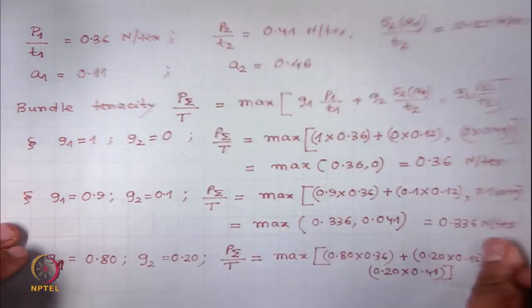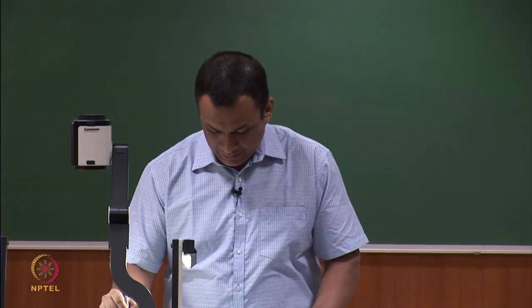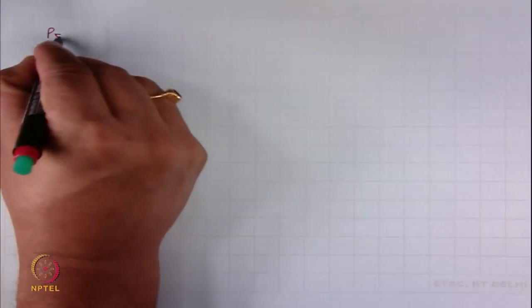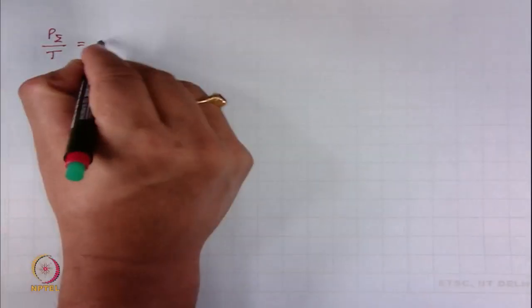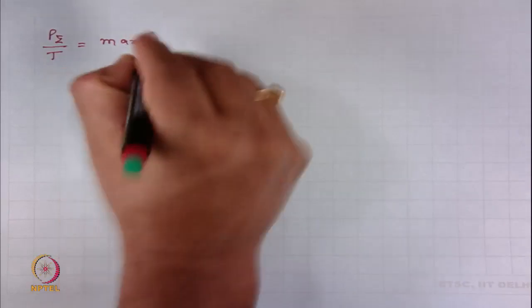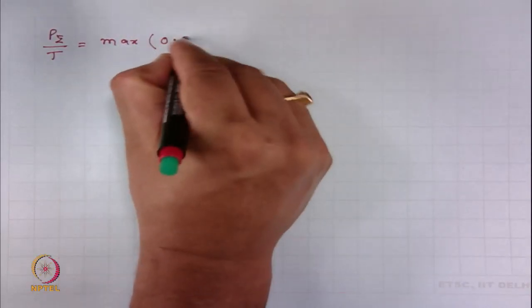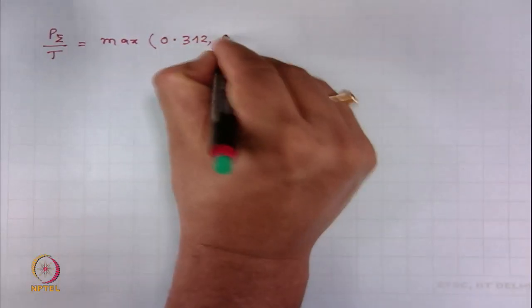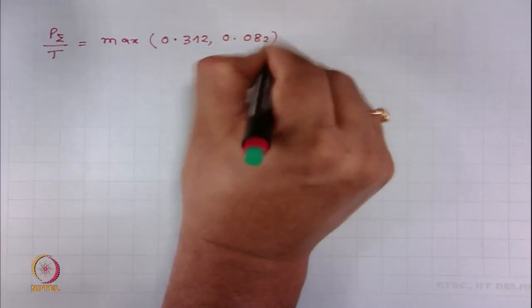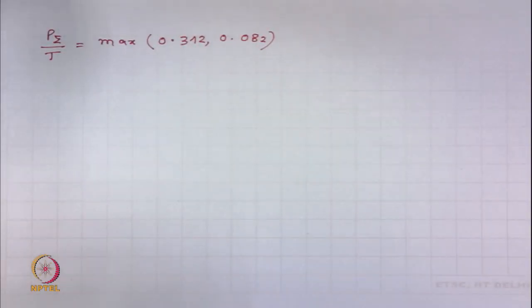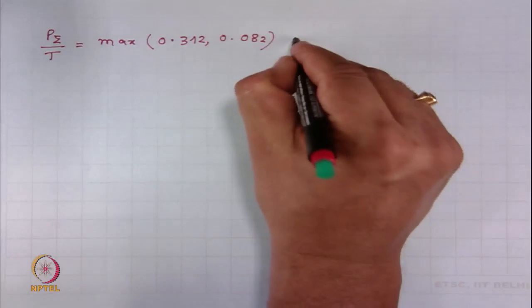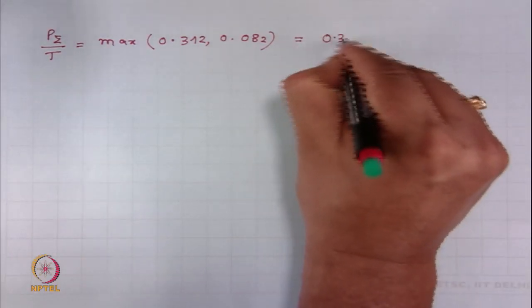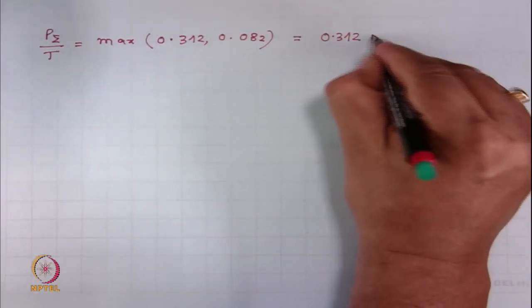What will be the maximum? These values are 0.312 and 0.082. So, the maximum is 0.312 Newton per tex.